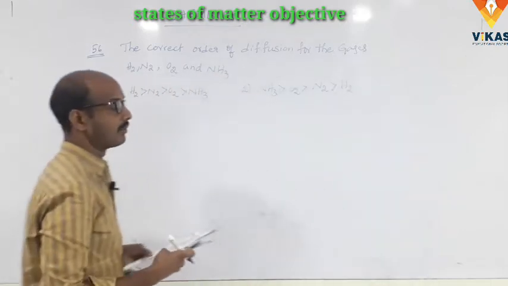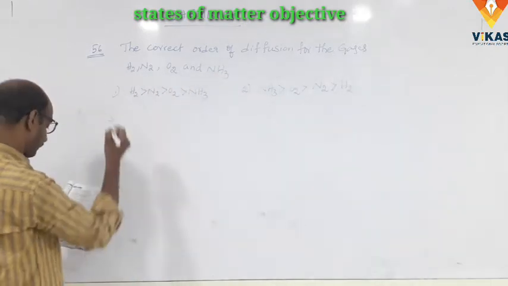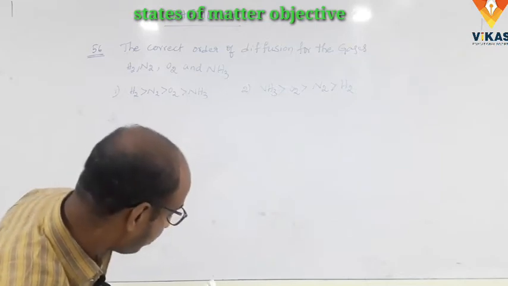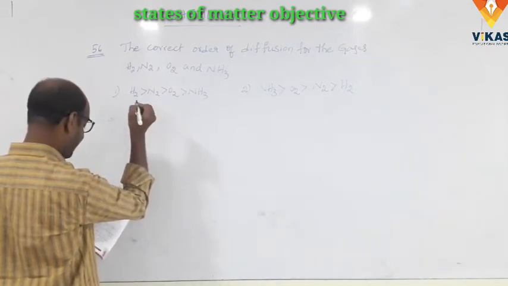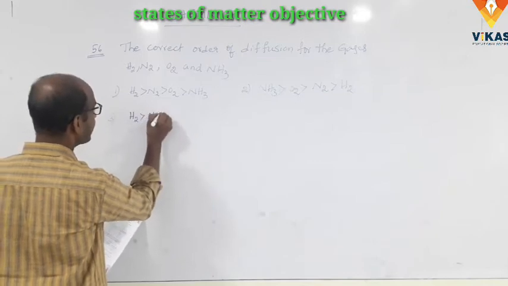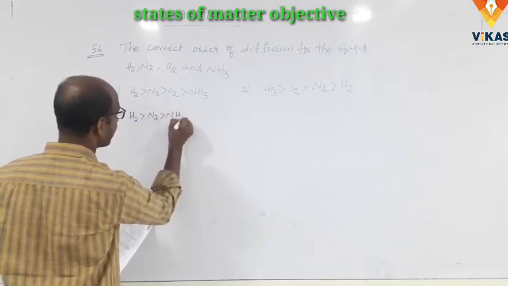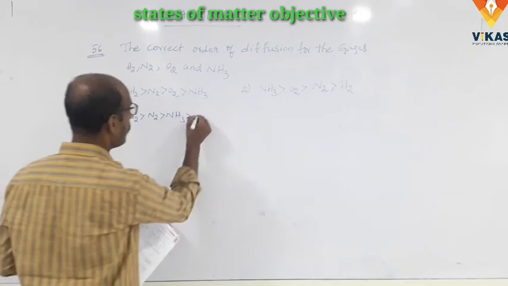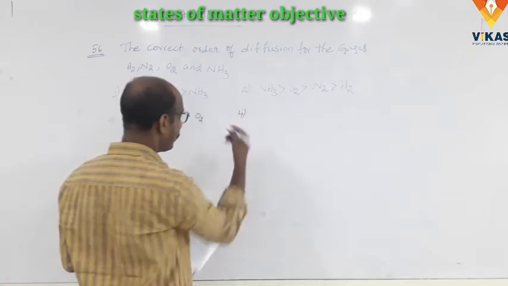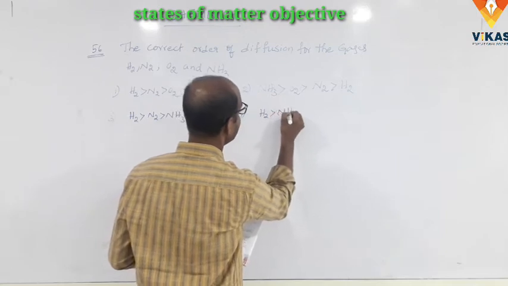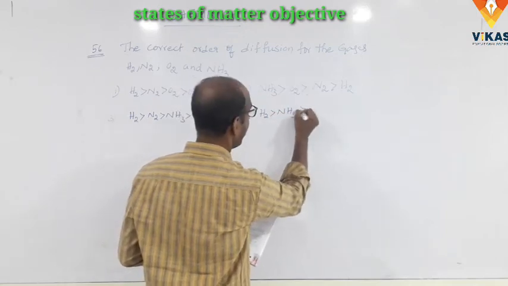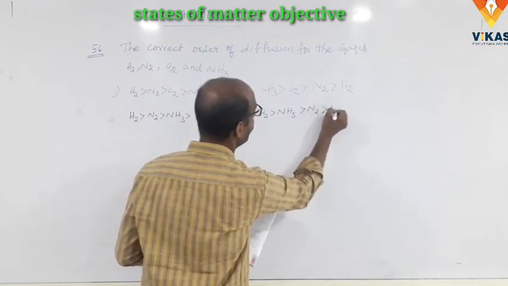Third: H2 is greater than N2, is greater than NH3, is greater than O2. And fourth: H2 is greater than NH3, is greater than N2, is greater than O2.